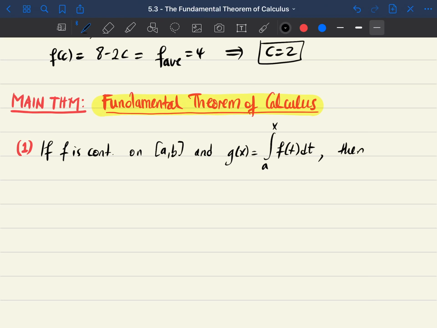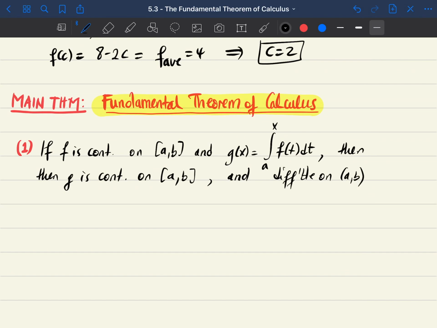So g, then g is continuous on the closed interval a comma b and differentiable on the open interval a comma b, and moreover the derivative of g is just f.